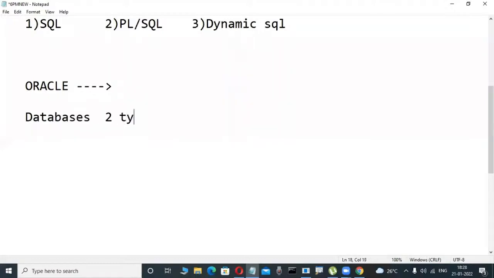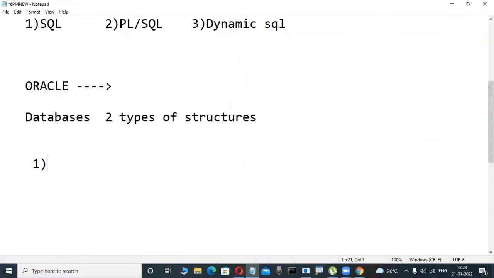Two types of structures. Don't write it, just observe it here. Suppose you are taking Oracle, SQL Server, MySQL, DB2, any relational database software you are installing in your system, two types of structures are there.